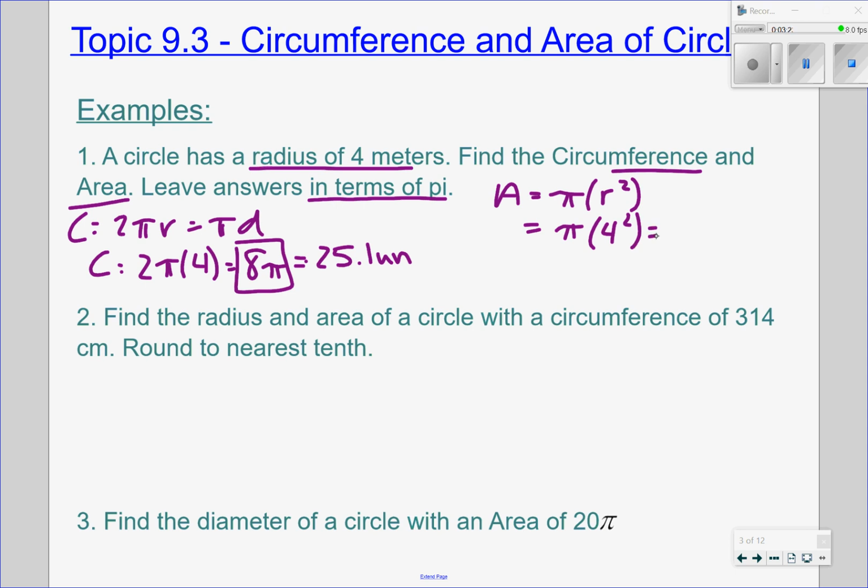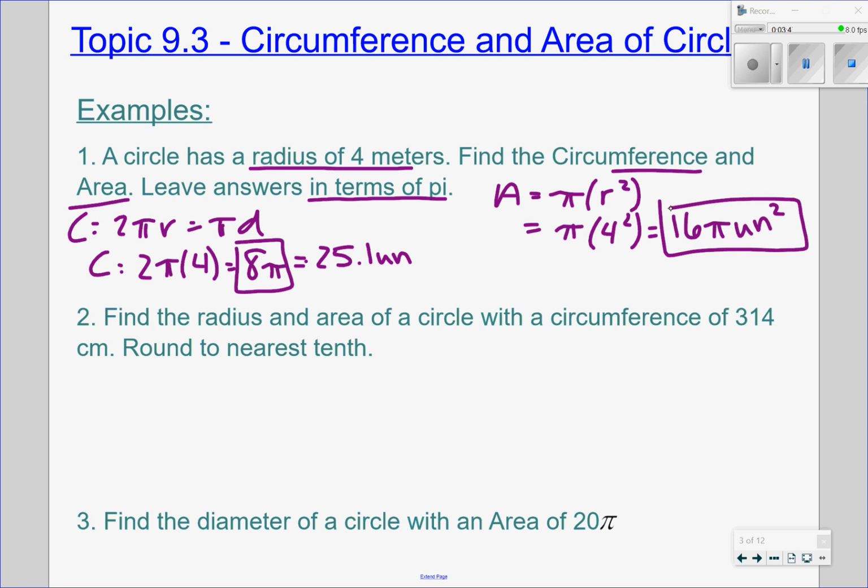So we do all the math and we leave the multiplication of pi written within our answer, or we don't evaluate with the pi button or the decimal 3.14, the rounded version, sorry. So this would be 16 pi, and this would be square units.